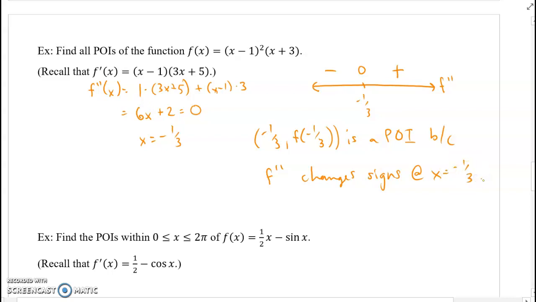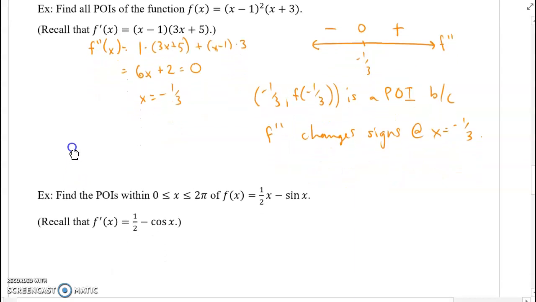We don't have to say changes from positive to negative or from negative to positive. We don't keep track of that as much for points of inflection because there's no distinction between them. There's still a point of inflection, whether it's concave up to concave down or concave down to concave up. We just don't generally concern ourselves with that.